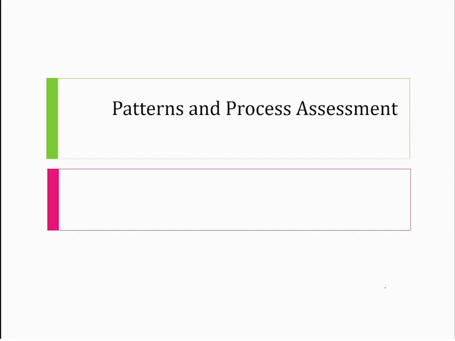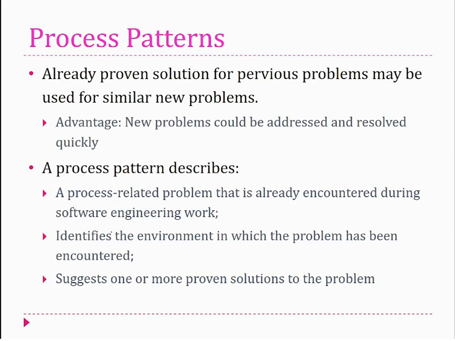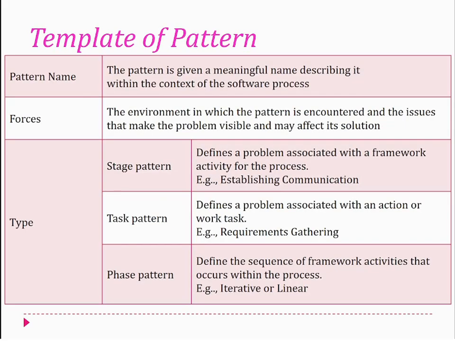A process pattern provides a solution that has already worked successfully in a similar situation. Each pattern includes information such as the problem, the environment where it occurs, the proposed solution, and the expected outcome. Using process patterns will reduce the development effort, improve consistency, and help the team solve problems more efficiently.